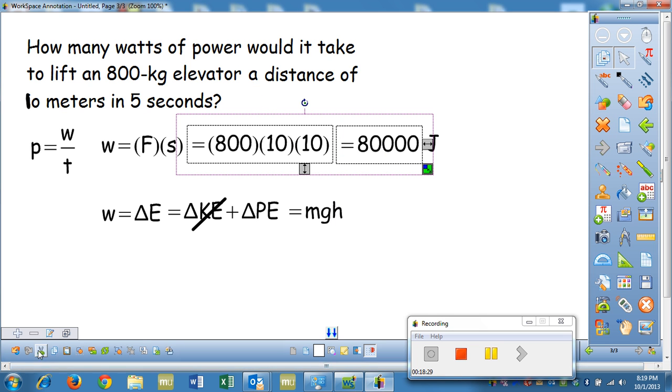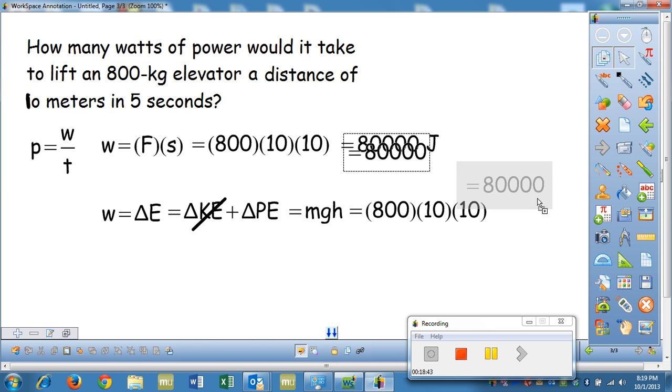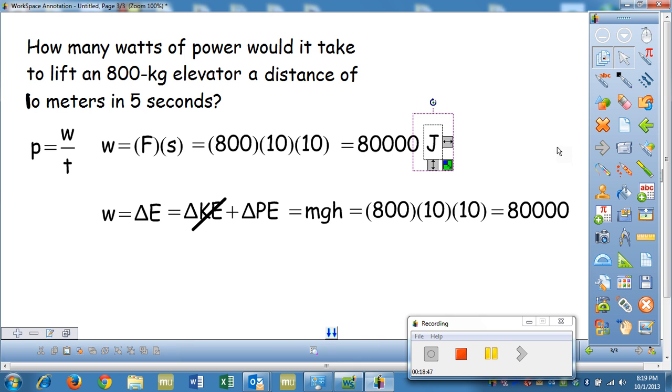Let's see what we got here. Either way, we know the work is 80,000 joules.